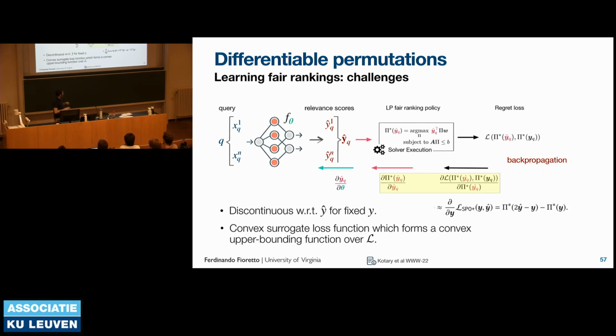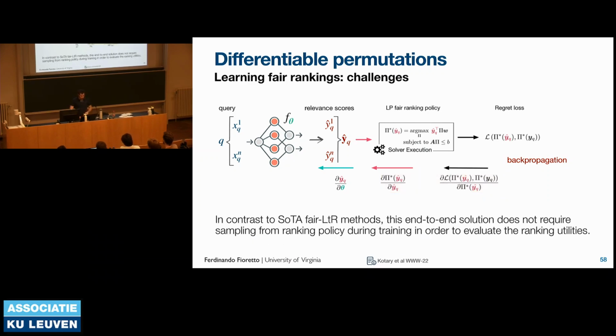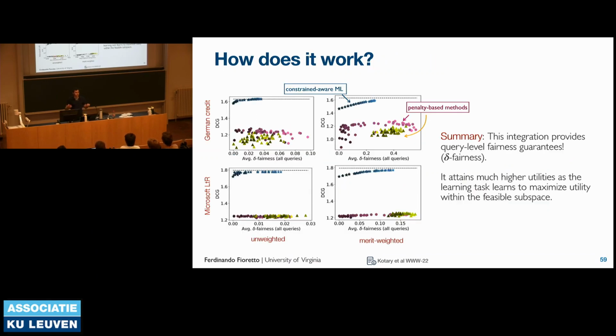And this works extremely well in practice. And what you end up having is an end-to-end differentiable pipeline, which runs into a linear program, right? And now what you have here is a system where the space of hypotheses that we learn is, by default, constrained to satisfy fairness constraints, right?